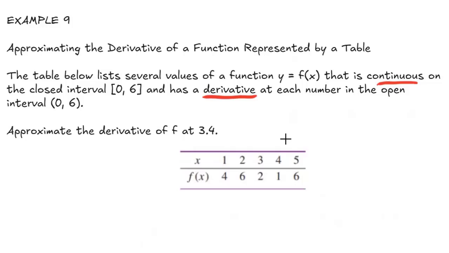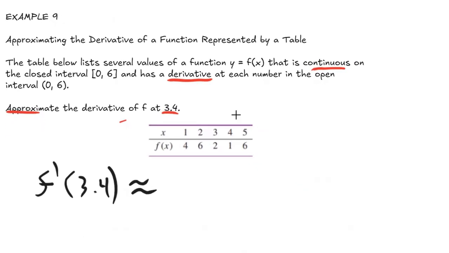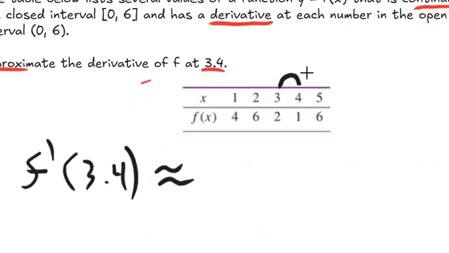We don't know what those values are, but those are important characteristics of this function. If we want to approximate the derivative of f at 3.4, what this is saying is getting f prime of 3.4. This is going to be approximately, we can't get the exact because we don't have the function to do the limit definition. What we need are the 2 points closest to 3.4. 3.4 is not on the table, but we can use when x is 3 and when x is 4.